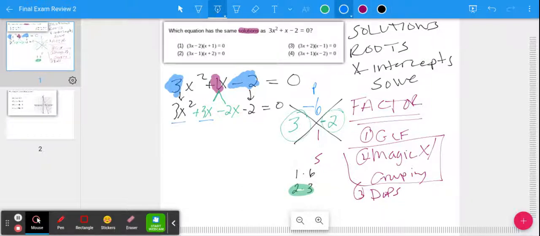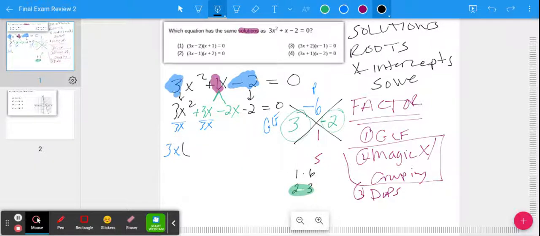And we're going to look for a GCF. So a GCF, what goes into 3x squared and into 3x? Think numbers and variables. Well, 3 goes into both of them, and they both have an x. So 3x is your GCF, which means I'm going to divide both my terms by 3x to get what's left inside the parentheses.